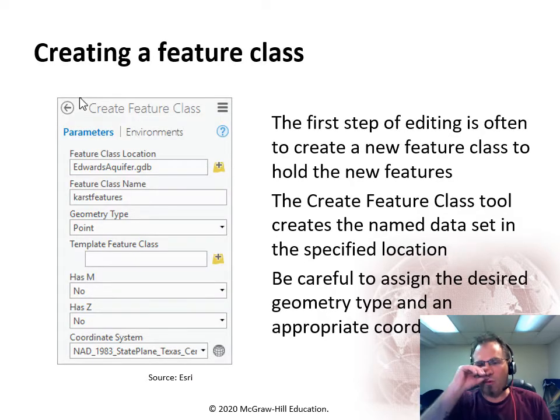All right, so one of the first steps in editing is you have to sometimes create a brand new feature class to hold the features that you need to edit. This is very common. You'll find this, let's say, in your final project. If you are working in an area that doesn't fit neatly within political boundaries, a good example of that is I think Mount St. Helens straddles two counties. So rather than have to download two of everything, what I tell those students to do is make a big box.